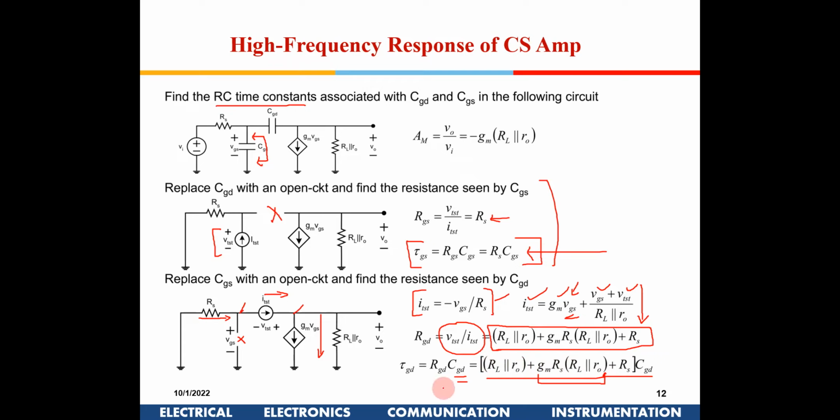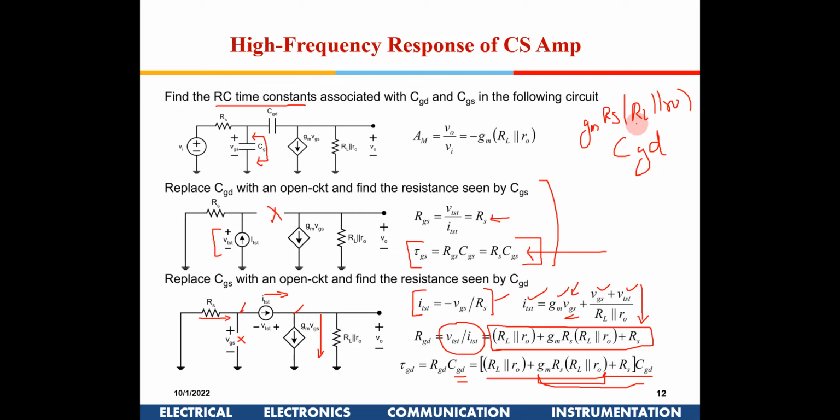So if I write the approximate value, if I just take this term and neglect the other terms, it will be GM into RS into RL parallel to R0, into CGD.